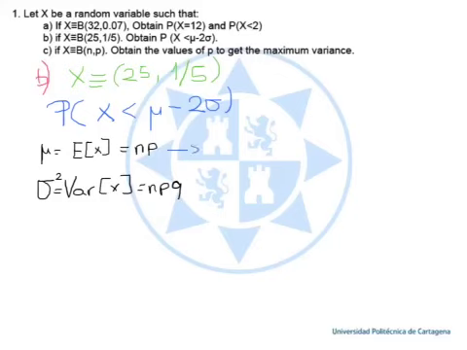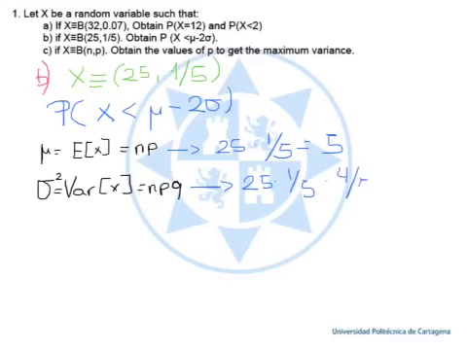So n is 25 and the probability is 1 divided by 5. This is equal to 5. And the variance is equal to 25 times 1 divided by 5 times 4 divided by 5.